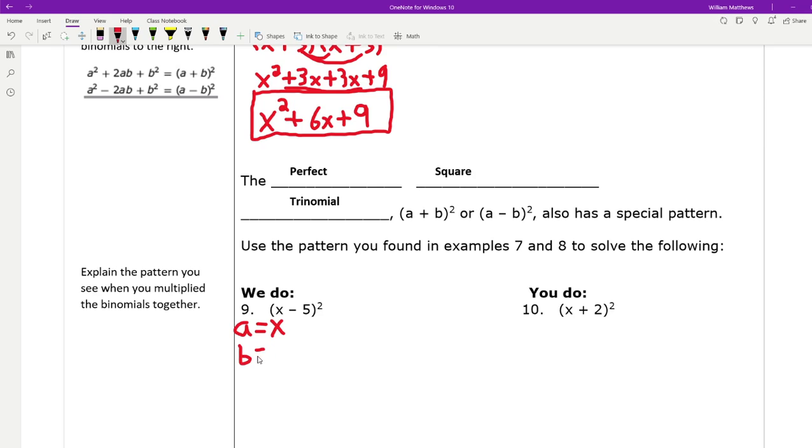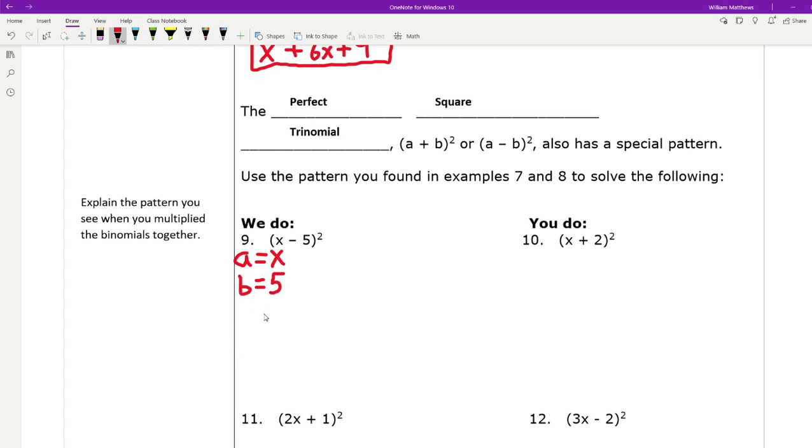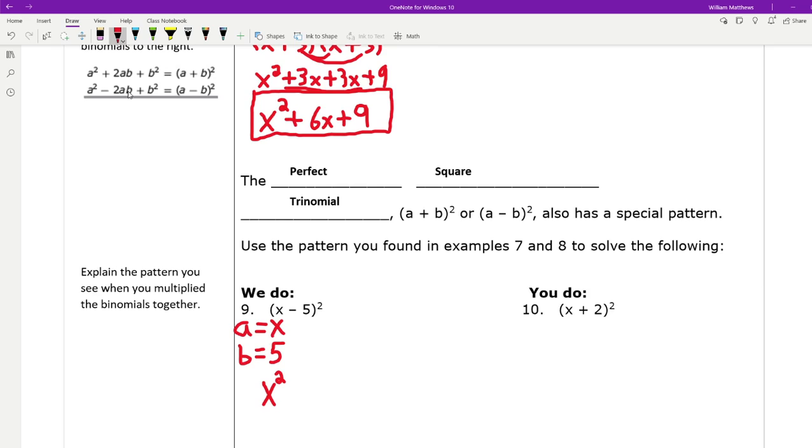My b this time is going to be a 5. So I'm going to fill in this equation. My a squared is now going to be x squared. I'm going to multiply my pieces together.